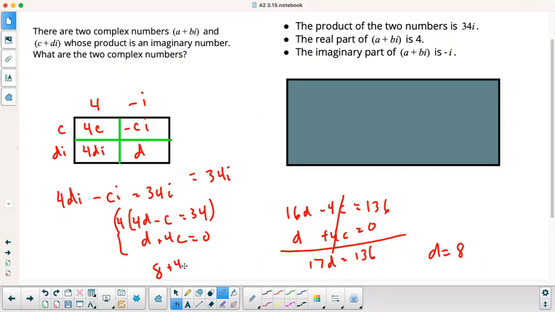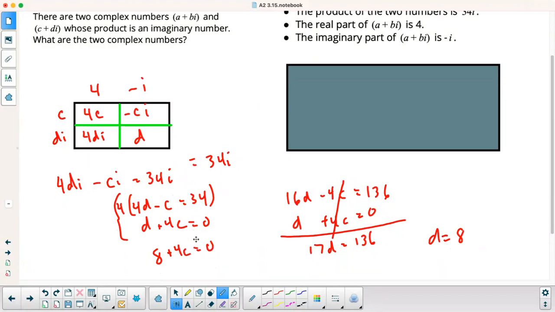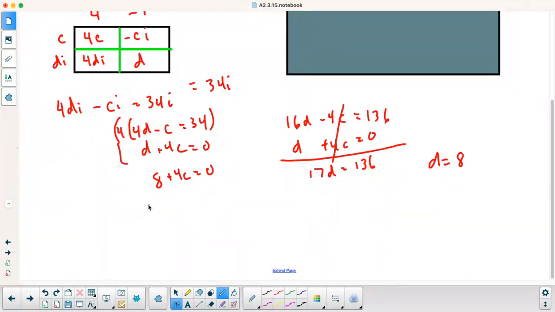8 plus 4c equals 0. 4c equals negative 8, divided by 4. c equals negative 2.